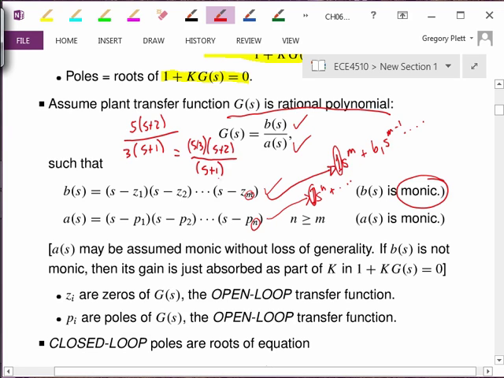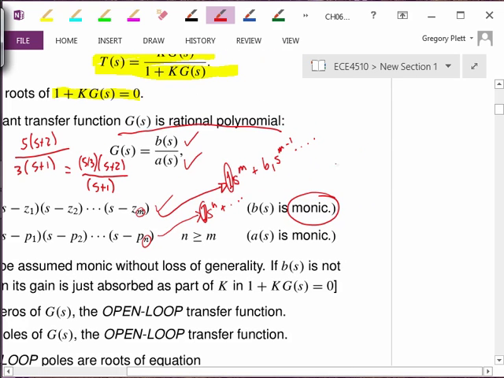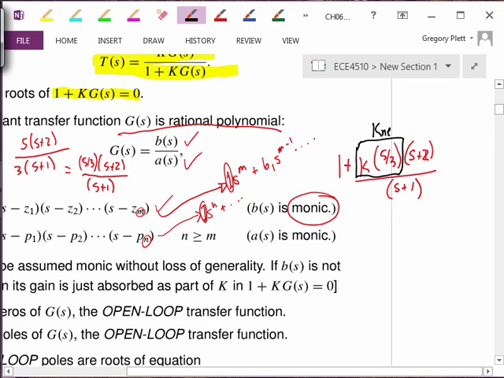Well, now my denominator is monic, but my numerator is not. But what we do in that case is we say, what I really want to do is plot the roots of 1 plus k times 5/3 times s plus 1 over s plus 2, s plus 1. And I will think about all of that together as some new k, k new.